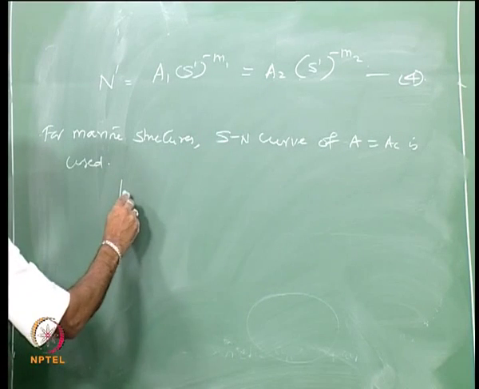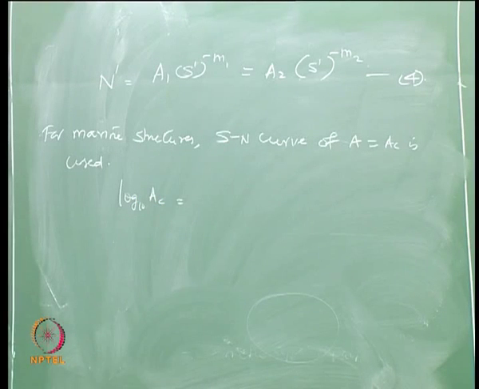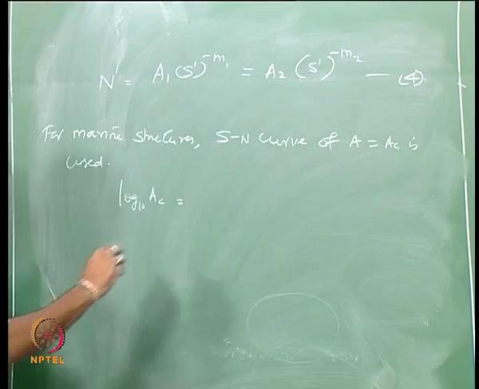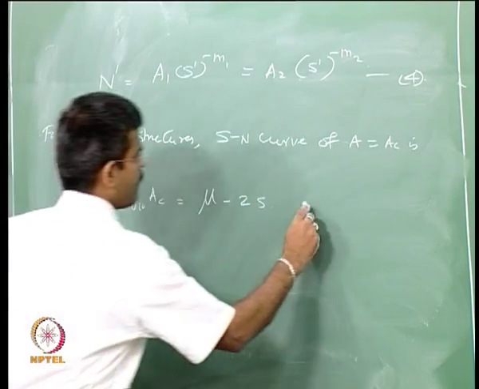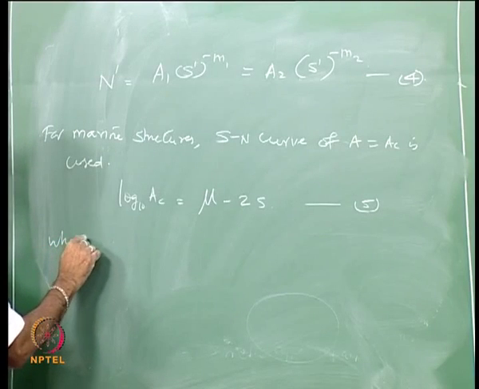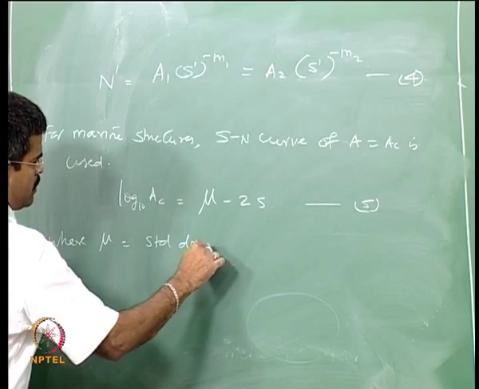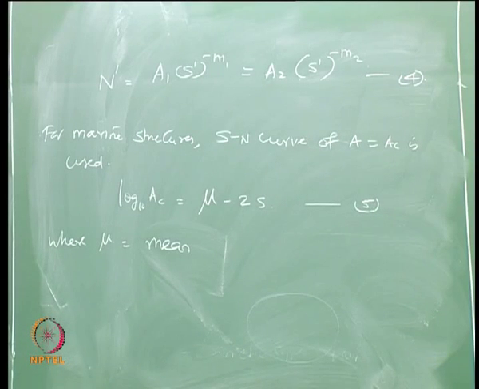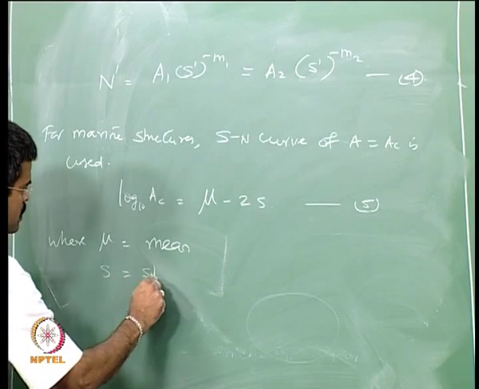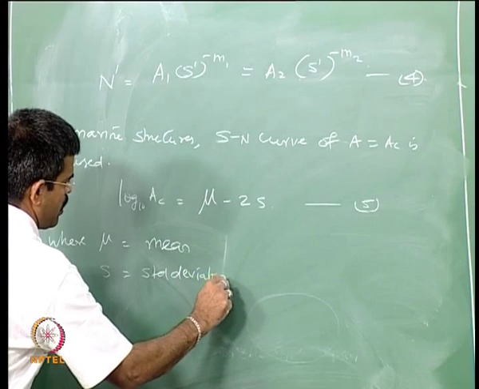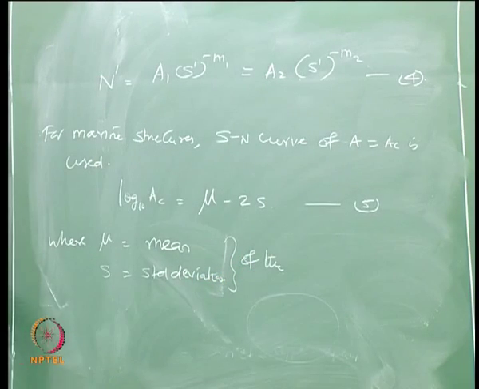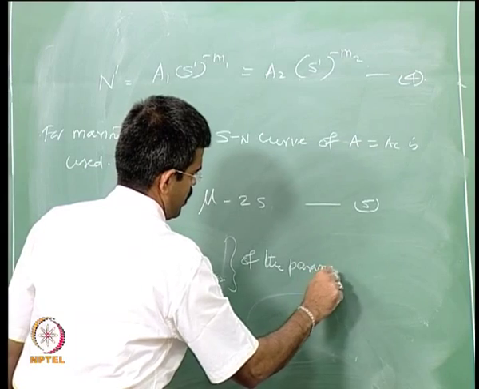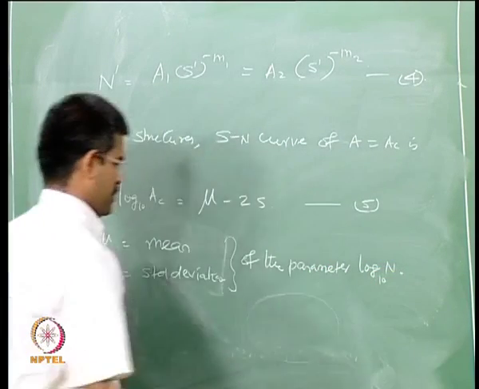The equation that connects A C is given by, where mu is the mean and S is the standard deviation of the parameter log N to the base 10.